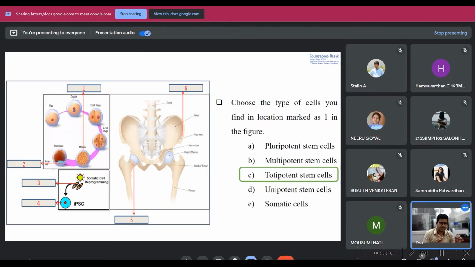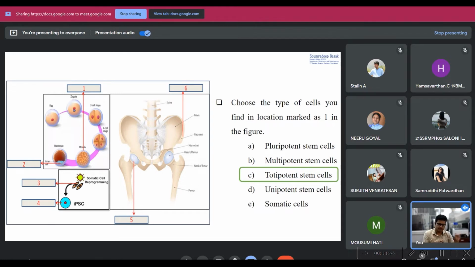We will be discussing it after the set of questions. So this kind of cells can differentiate into any kind of cells that our body is constituted of. So when we are talking about this early embryonic stage, it is almost always totipotent stem cells. Totipotent means it can divide into almost every kind of cell, right?